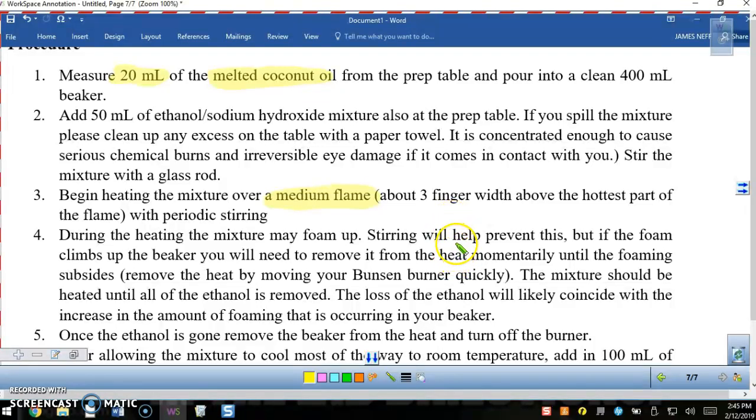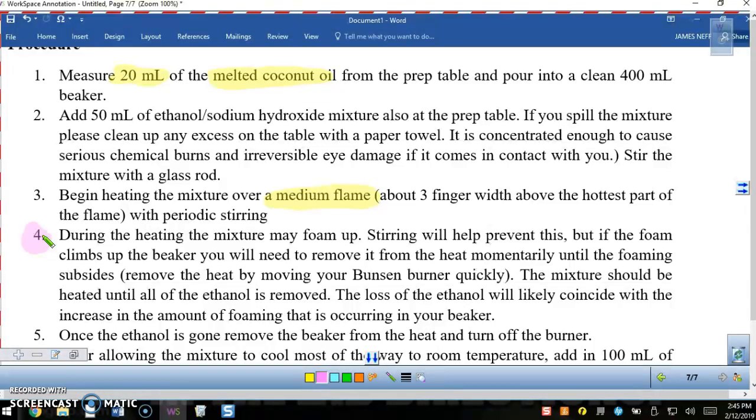Now, very important to make sure you pay attention to number 4 in the procedure. If this foams up too much, it's going to go over the side and everything will catch on fire. Now that creates a hazard, and we'll talk about how to deal with that if it should happen to you at your station. This is where I say don't catch your lab station on fire, because this is where it will happen.